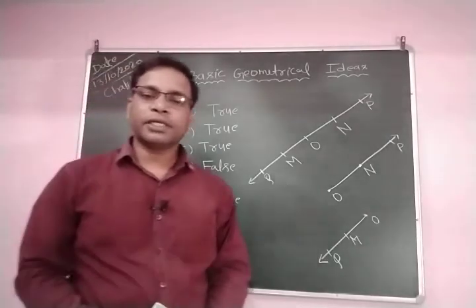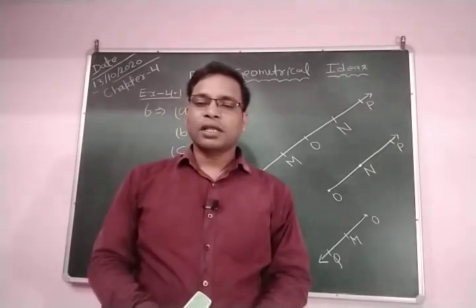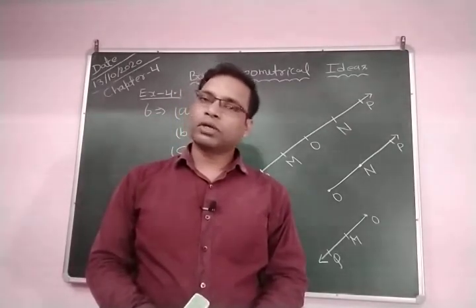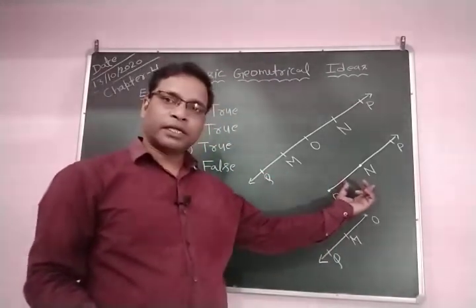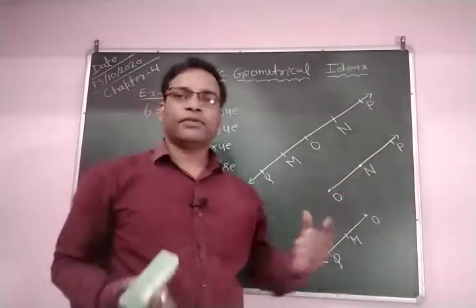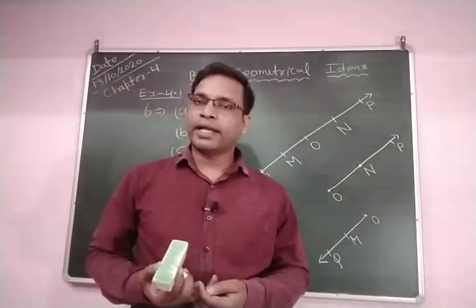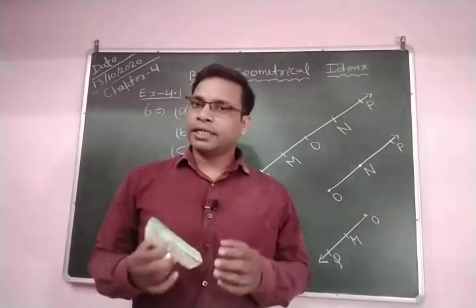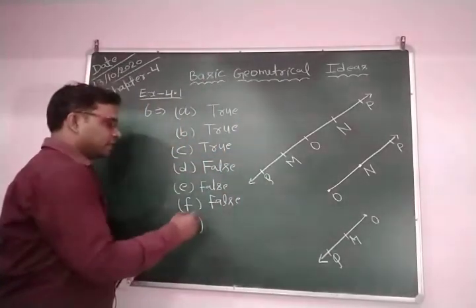What is the given statement? The given statement is that ray OP is different from ray OQ. So yes, obviously you can see their direction is also different. They contain different points. Ray OP contains point N and ray OQ contains point M, and their direction is also different. So the G part is true.